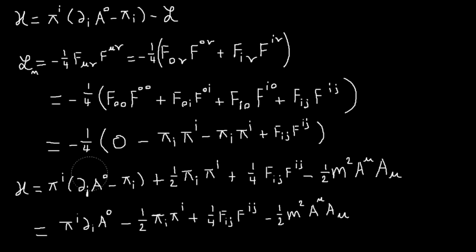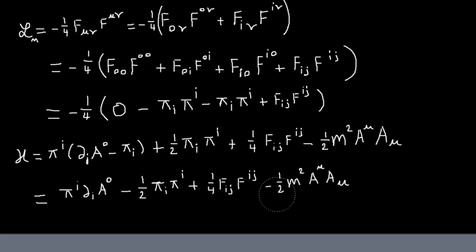And then the first term will just be π^i ∂_i A_0. And so we'll just be left with this. So that's our Hamiltonian density, and it is written entirely in terms of A_0 and A_i and our conjugate momenta densities.